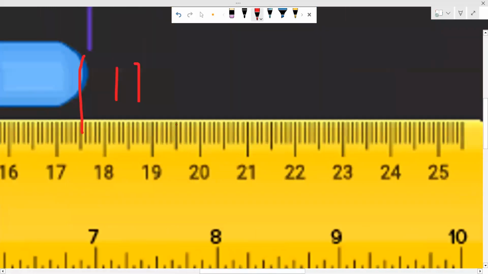After 17, count 17.1, 17.2, 3, 4 and 5. So it is 17.5 centimeter.